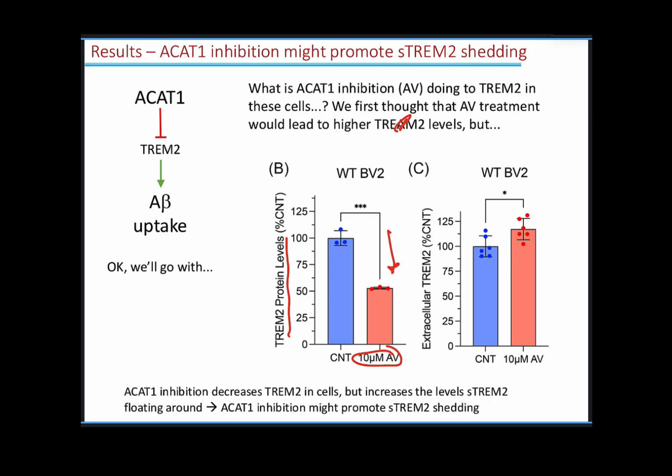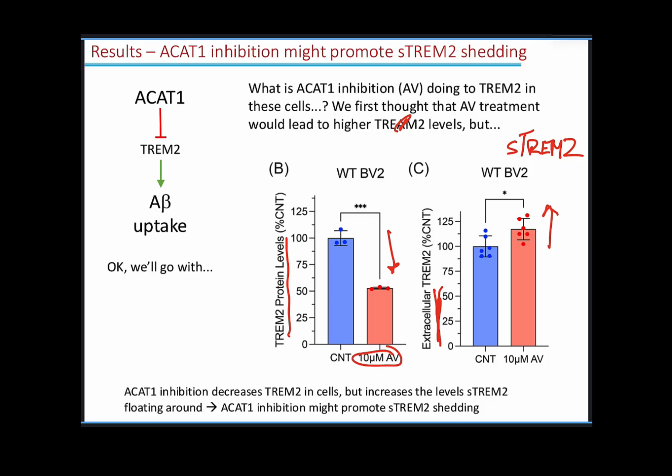When they looked by Western blotting at how much TREM2 these cells had when they were treated with AV, they had less. But in a parallel experiment, using ELISA to look at things that are secreted into the extracellular medium of these cells, they saw that when these cells were treated with AV, there was a significant increase in extracellular TREM2, something that we've called soluble TREM2 or S-TREM2 before.